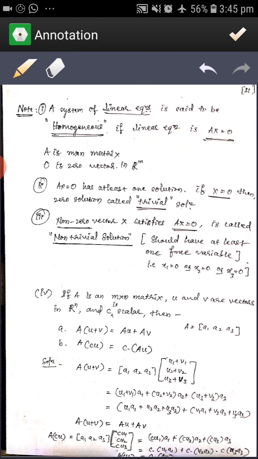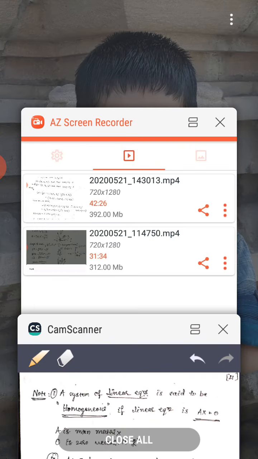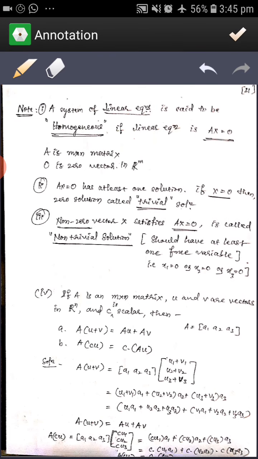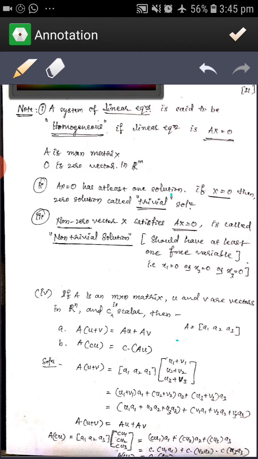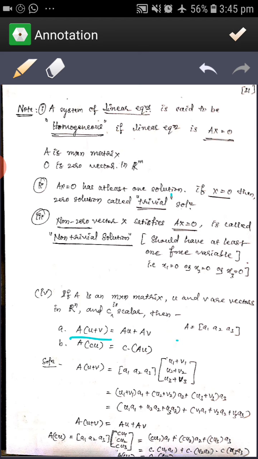This is some more of the same, a proof. If it is a vector, they have taken a1 a2 a3, and u as u1 u2 u3, and v as v1 v2 v3.